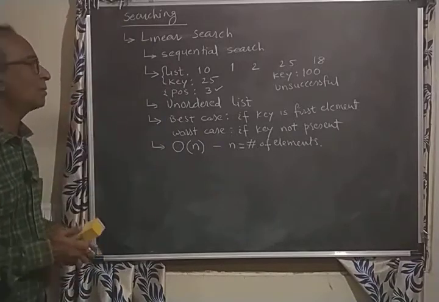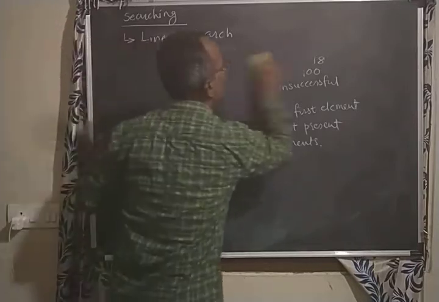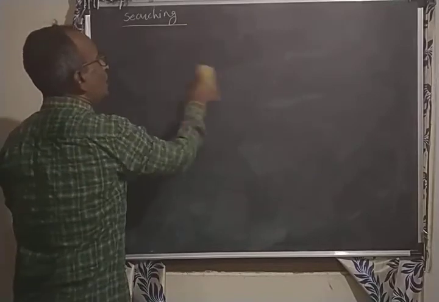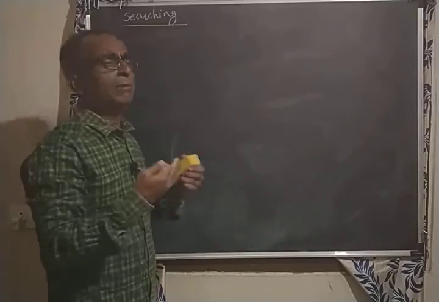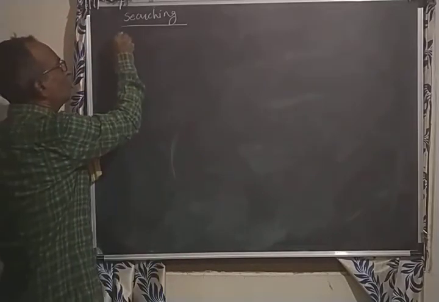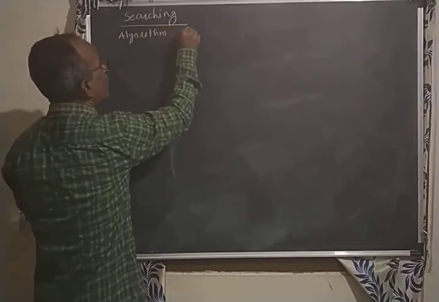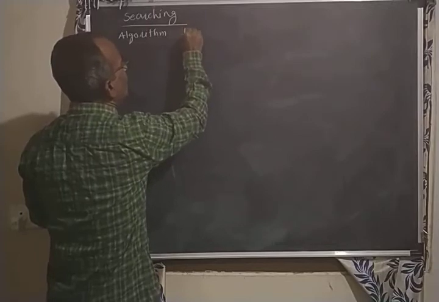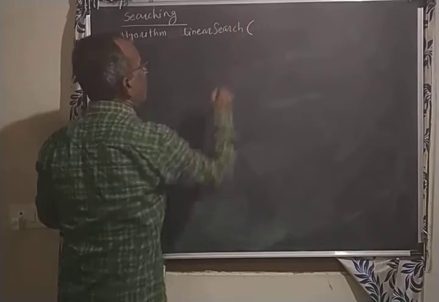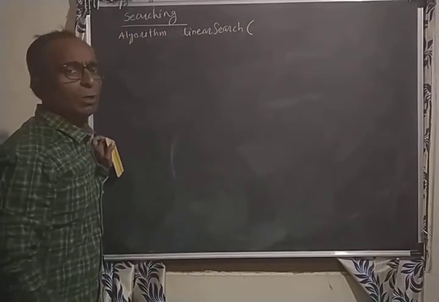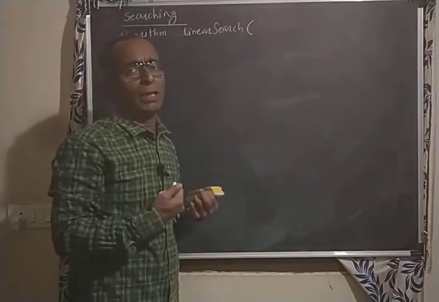Now we'll write the algorithm for this linear search. Whenever you are writing any algorithm, there are many methods in every textbook. If you see, different methods have been given. So we will adopt one method. We say linear search, and in parentheses we write what inputs we are giving to this linear search and what output we are getting from it.